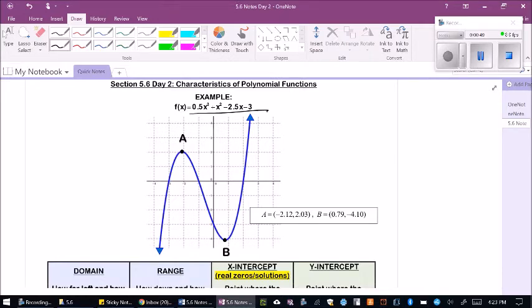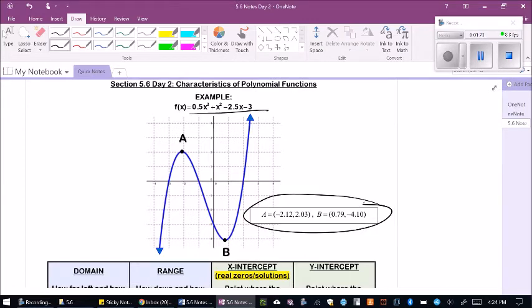In every graph, you're going to see a point A and a point B. We are going to need to use the coordinates of these points when we are finding things like increasing or decreasing. And we will be providing the coordinates to the points for you in a little box. So right here in this box, I gave you the coordinates of A and of B.